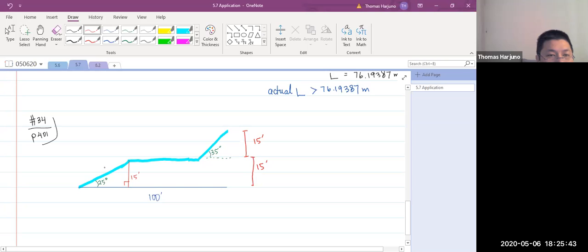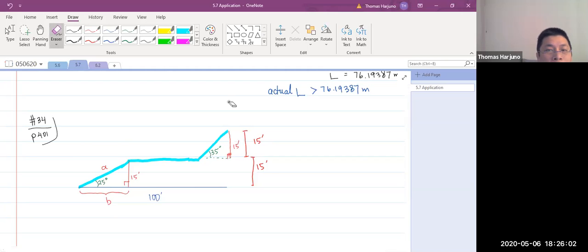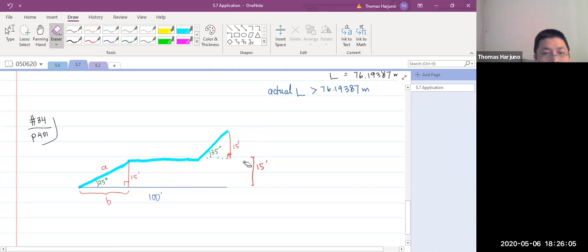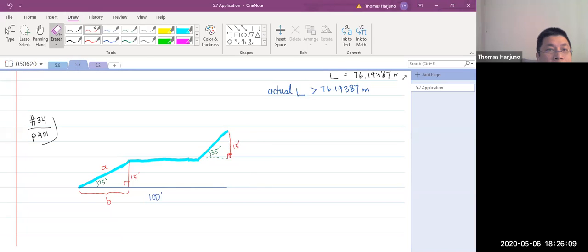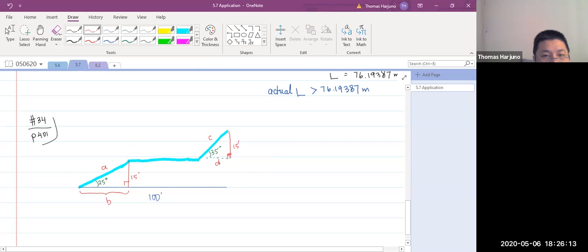The length of that part, let's call that A. Then let's call this B here. Now, if this is 15, then we can find the length here and the length here, right?